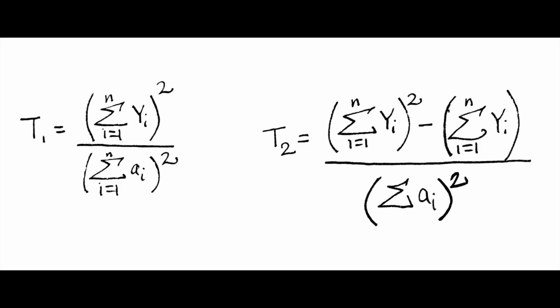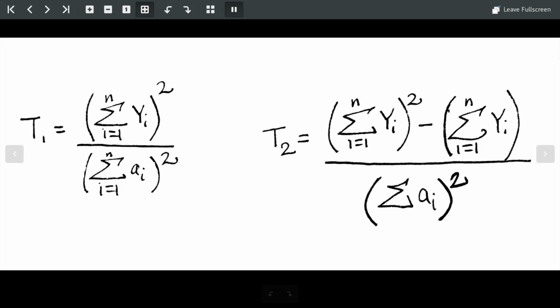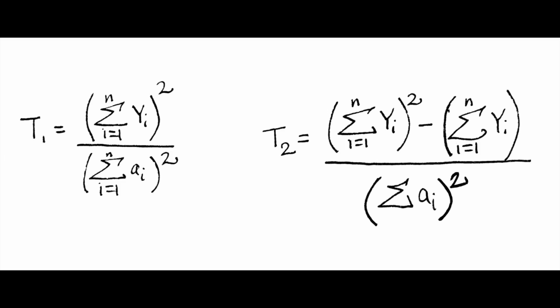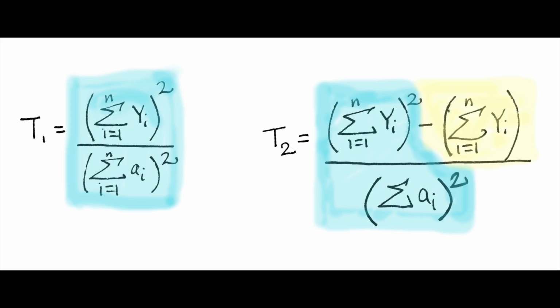Mathematically, she noticed that if we compare T1 and T2, they're very similar, except T2 subtracts off an extra sum of Y_i's term. And so we see that more noticeable differences will take place between T1 and T2 when n is small, and this is because when n is large, the sum of the Y_i squared is going to be ginormous. And so subtracting off the sum of the Y_i's will essentially be nothing. Additionally, she noticed that T2 is always less than T1.